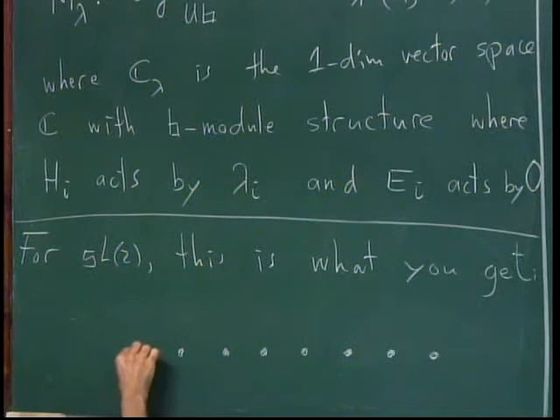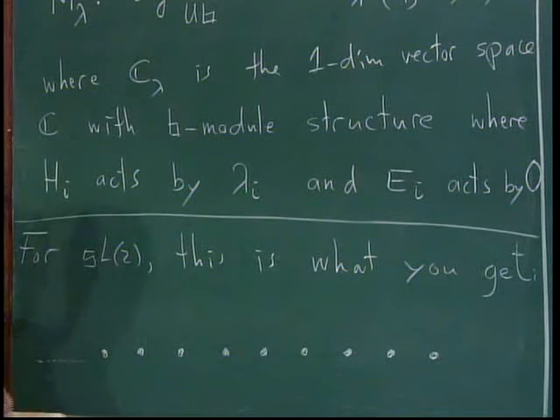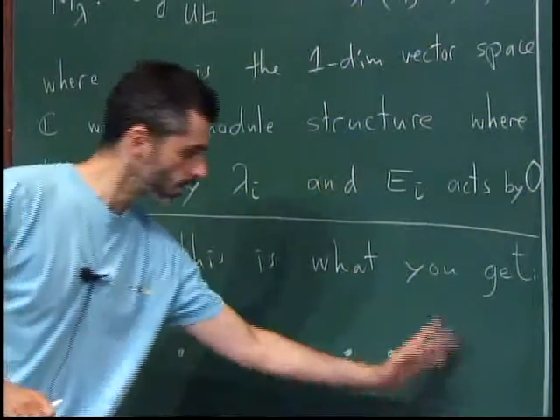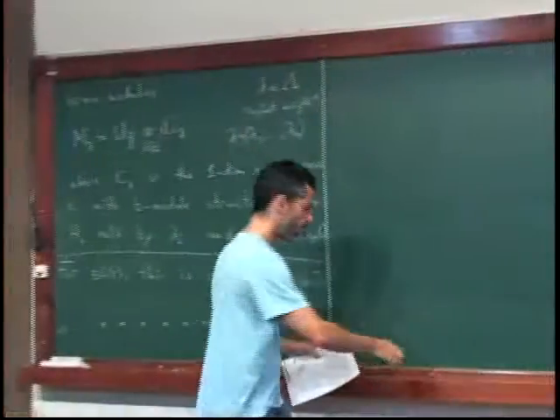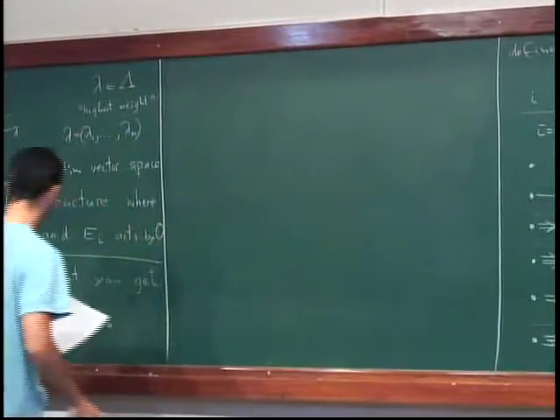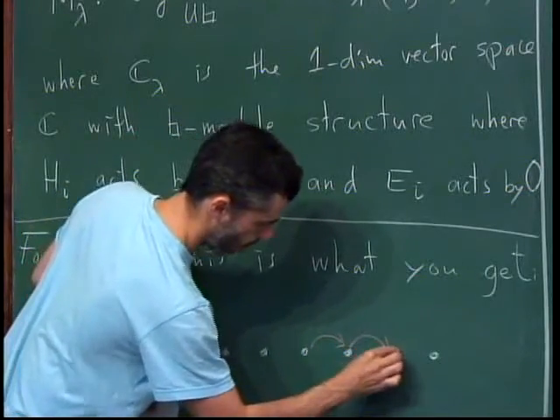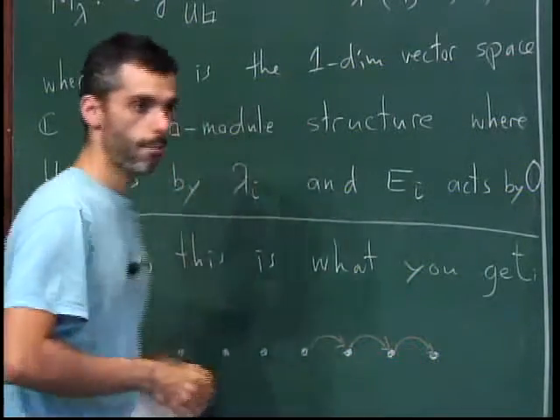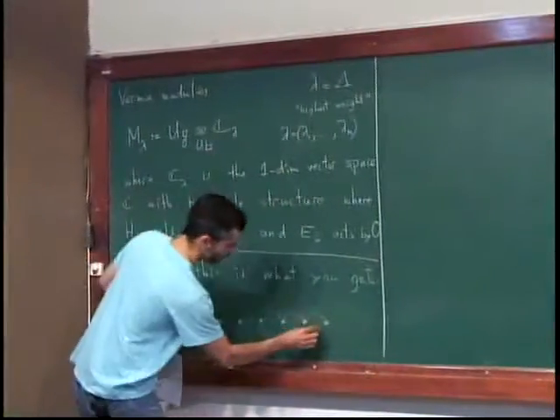So before we had a finite collection of dots, and now we have an infinite collection of dots. It continues on the left, not on the right. Here it stops. And then we have the operators E and F from before. They look very similar to what we had before, except for the following twist.